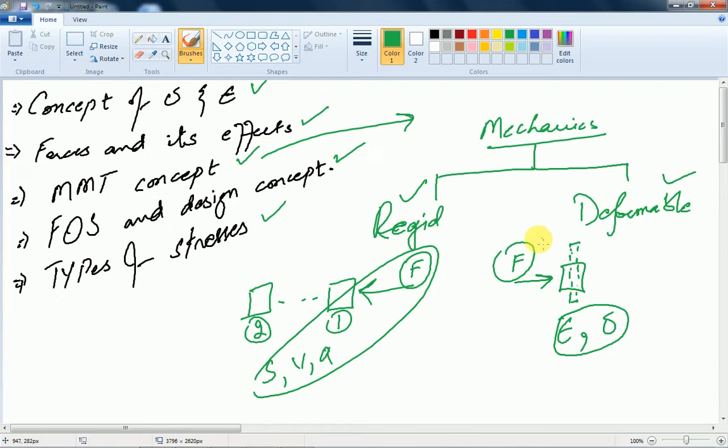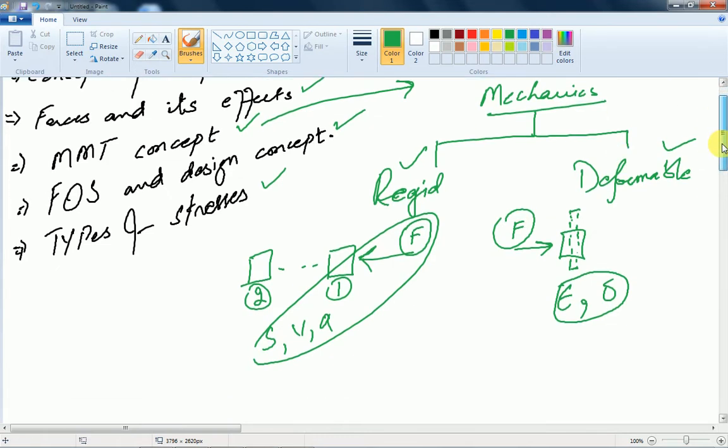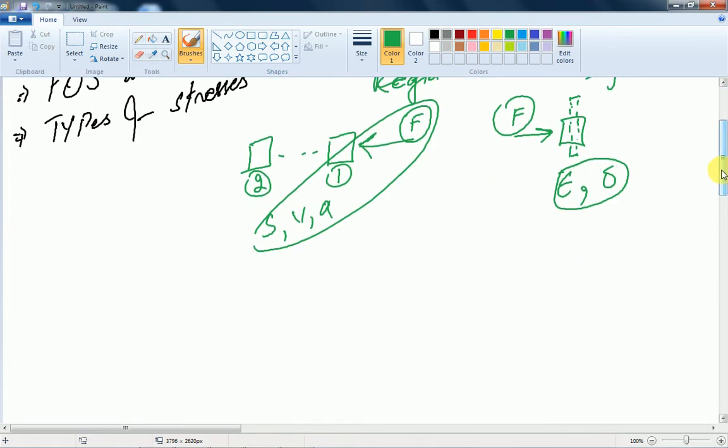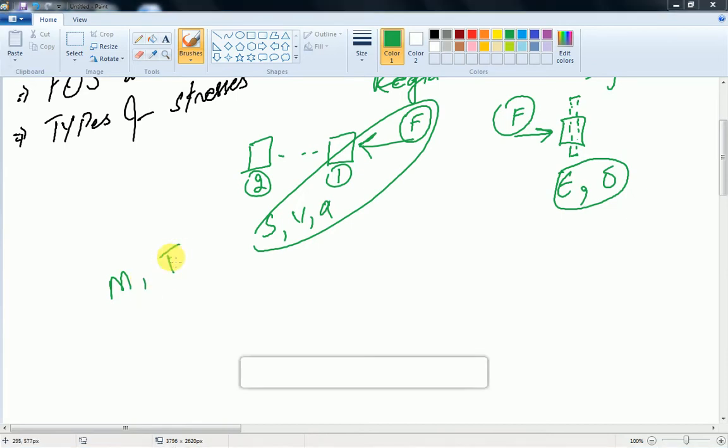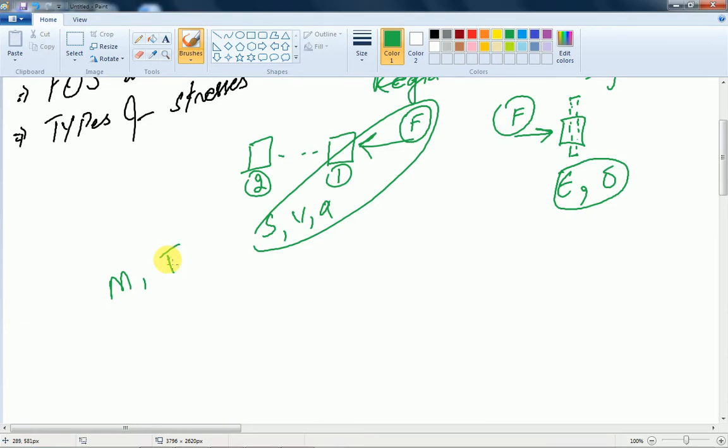Now further, in one of my lectures, I went through the difference between moment and torque. If we open or close a door, then the turning effect is called torque.